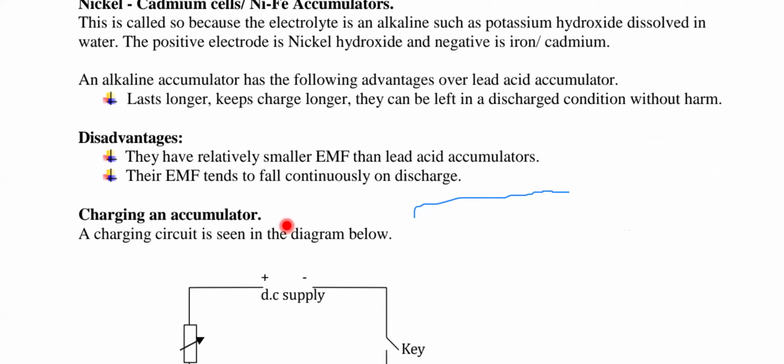When you're giving the advantages of the alkaline over the lead acid accumulator, you can talk about one advantage: the alkaline keeps charge longer compared to the lead acid accumulator. Also, the alkaline can be left in a discharged condition without any effect.